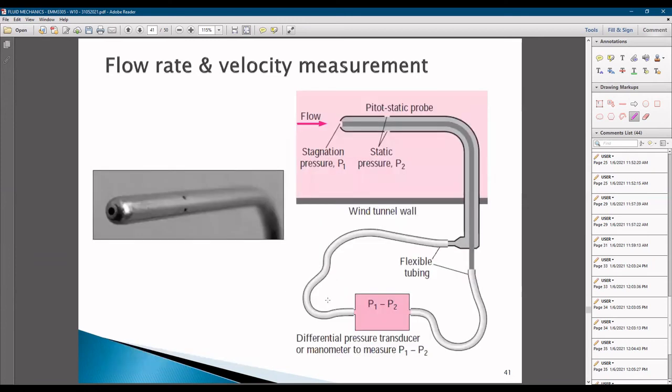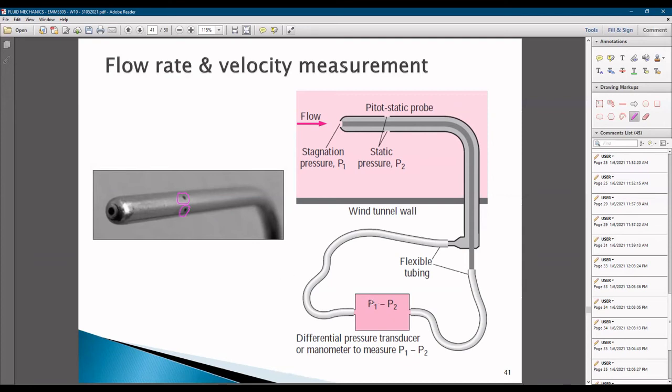These are the small holes that I talked about. There are several around this probe that measure the static pressure, and at the front here measures the total pressure.